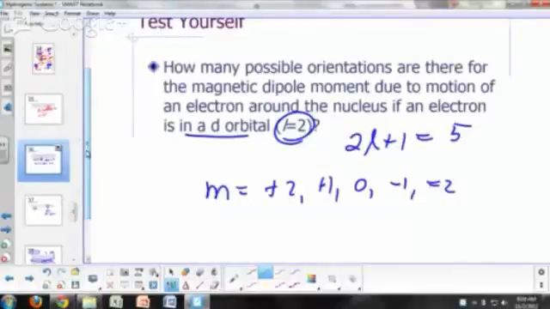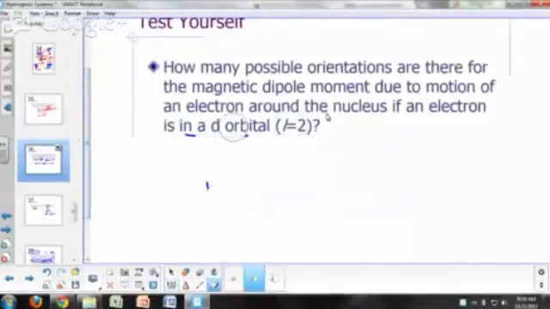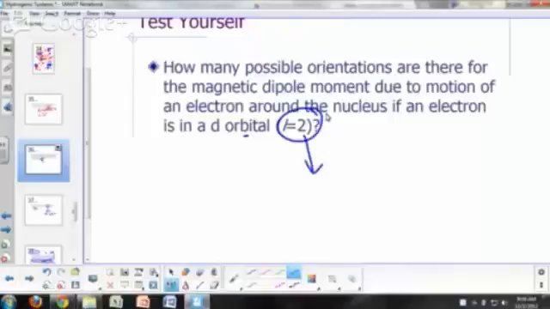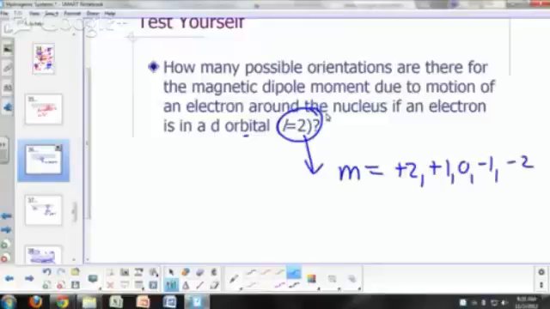What about this question? How many possible orientations are there for the magnetic dipole moment due to the motion of an electron around the nucleus if an electron is in a d orbital? Well, if it's in a d orbital, then there are 5 possible orientations for your angular momentum vector corresponding to m equals +2, +1, 0, -1, and -2.